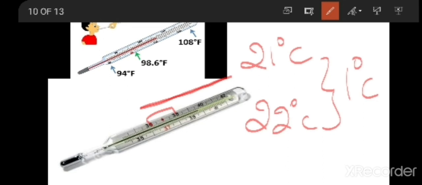If you use alcohol in the thermometer, you can record very low temperatures, but the problem is the expansion will be very large. But when you use mercury, expansions will be very uniform. So for every 1 degree it will rise only 1 centimeter. That's why mercury is better suited for use in clinical thermometers.